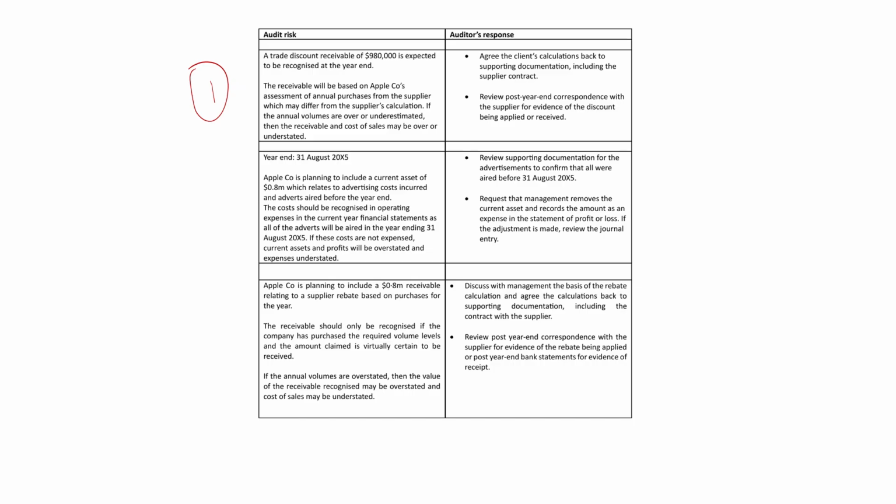Now, the background isn't given, but the scenario was that they were meant to be getting a discount if they buy a certain quantity from the supplier, and they had predicted that they would be buying that quantity and booked a receivable automatically. So my concern is that maybe their estimation could be incorrect and maybe this receivable should not have been booked. So concern regarding whether this is actually a receivable that can be booked.